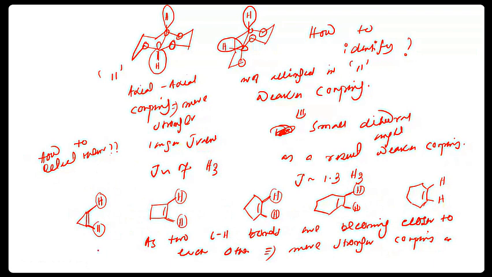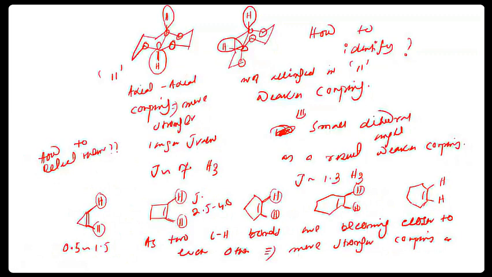So that's why here the value is 0.52, 1.5. For this case, it will be like 2.52, 4.0, 4.0, and here it will be like 4 to 5, it is 5 to 7, and it is 8.5 to 11 in cis coupling.